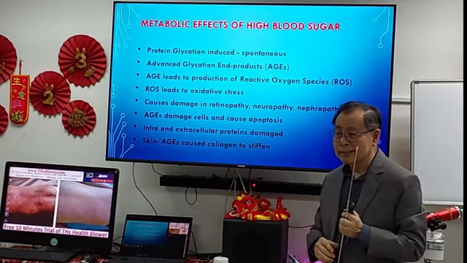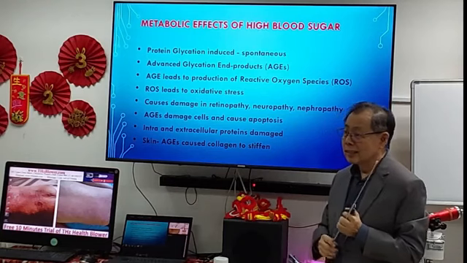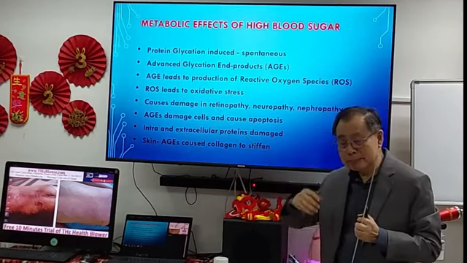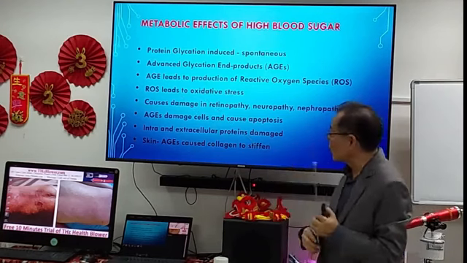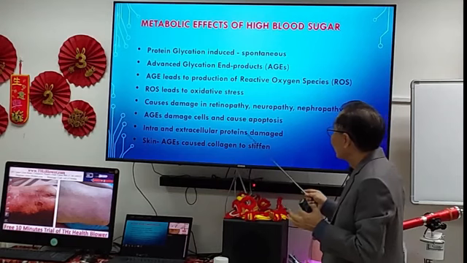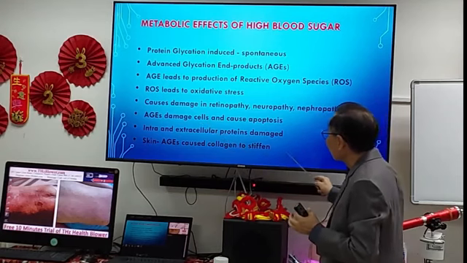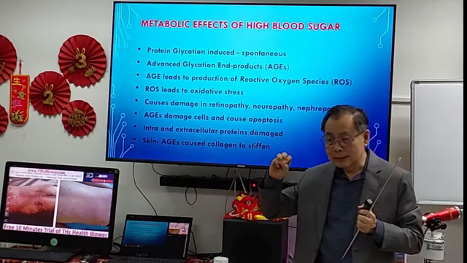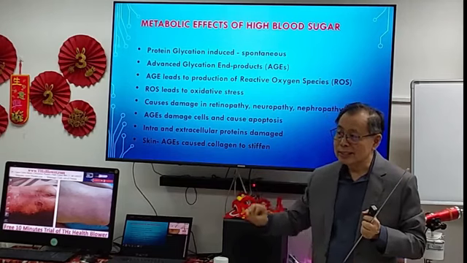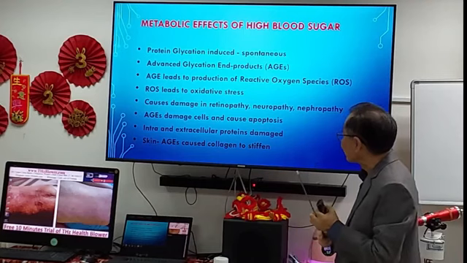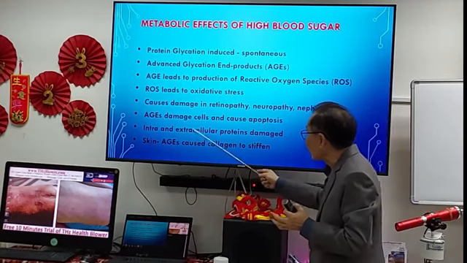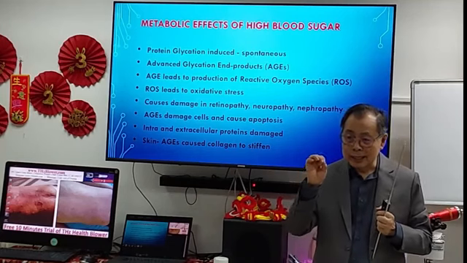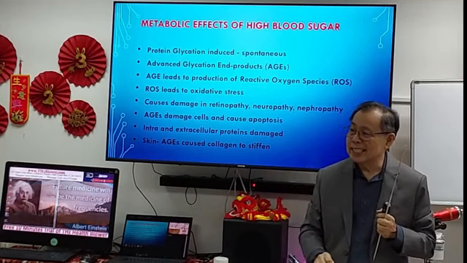AGE can damage cells. Plus, it produces ROS, which causes you even more damage. AGE can cause cells to degenerate and kill themselves, or commit suicide, so to speak. It can damage intracellular and extracellular proteins. AGE also has the ability to damage DNA.